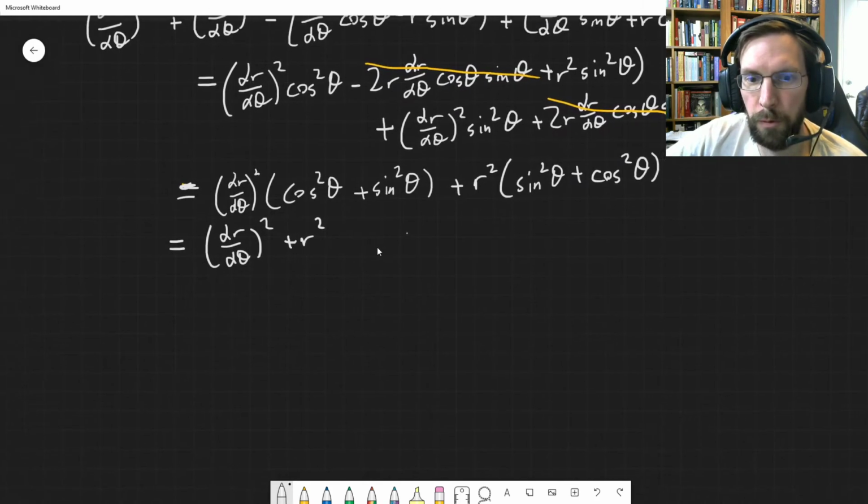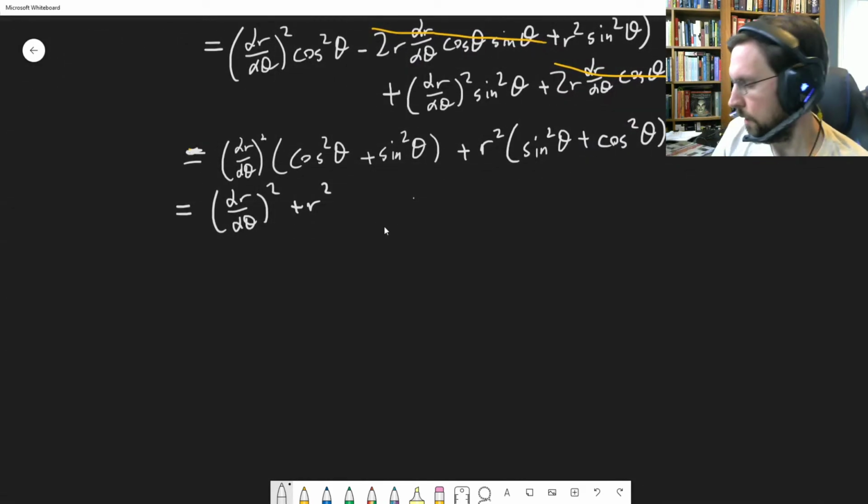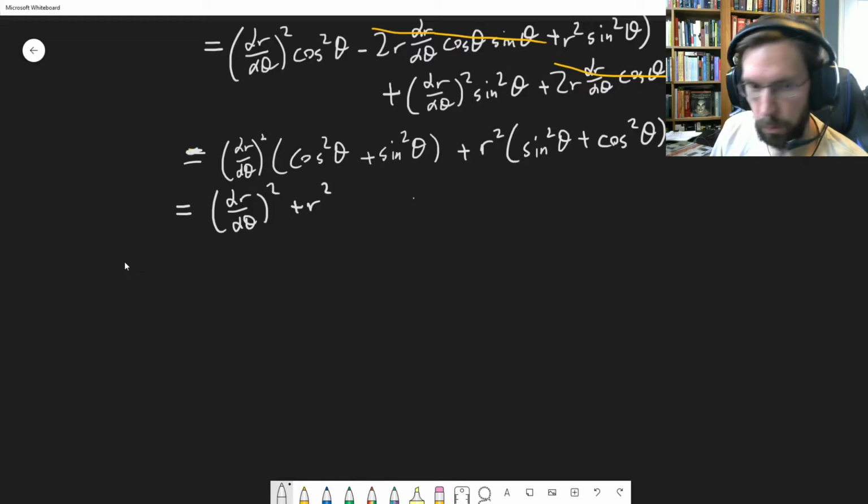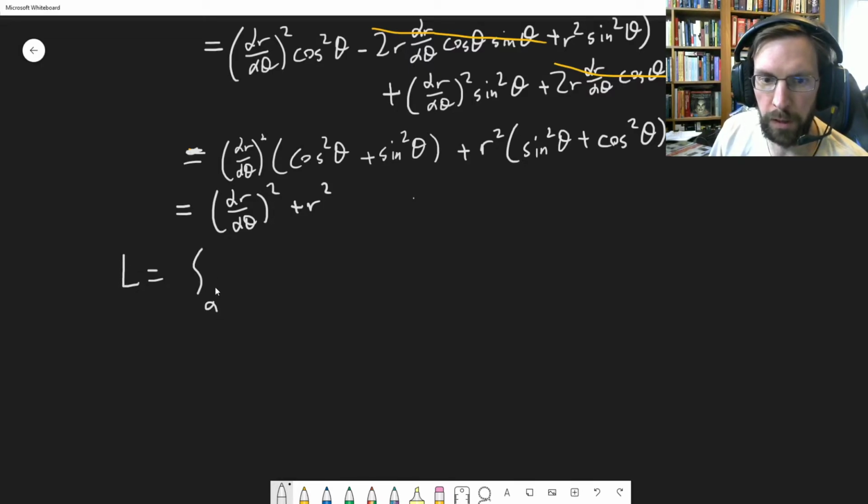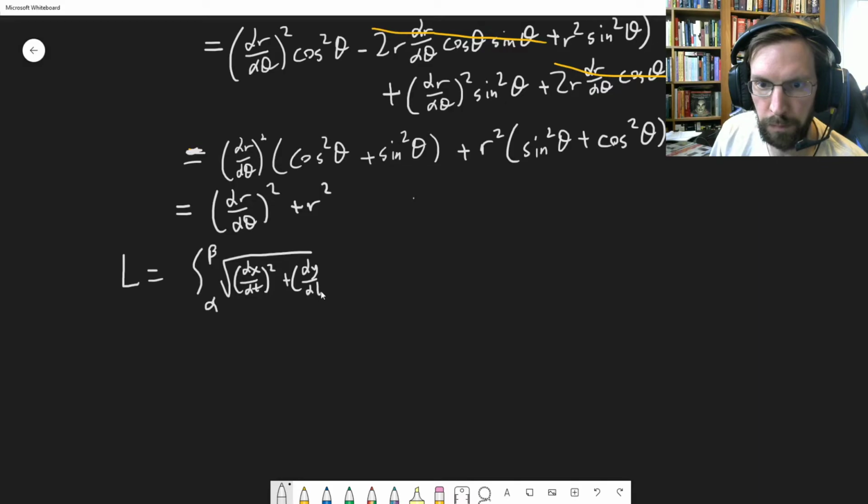Okay, so if we remember now, going back to our parametric form, arc length is the integral from alpha to beta of the square root of (dx/dt) squared plus (dy/dt) squared, dt.